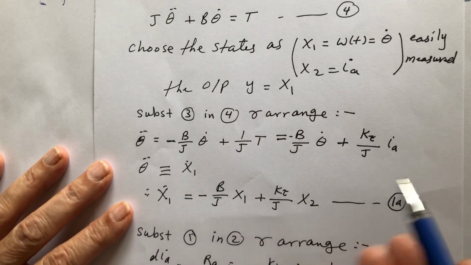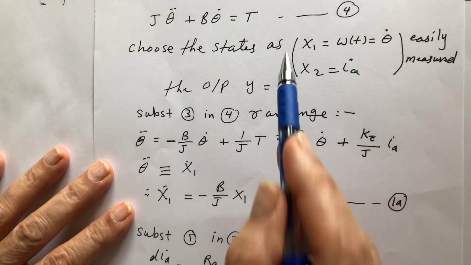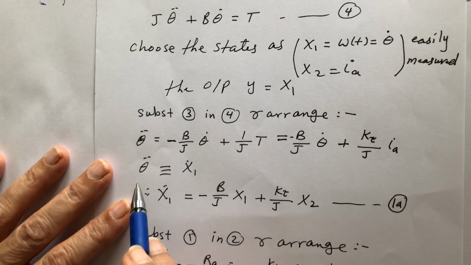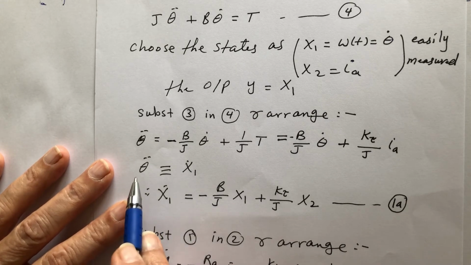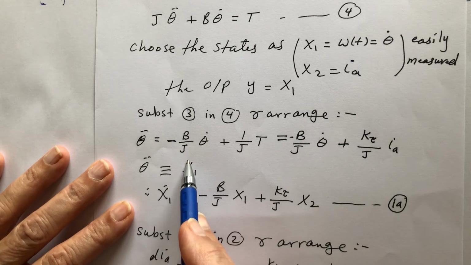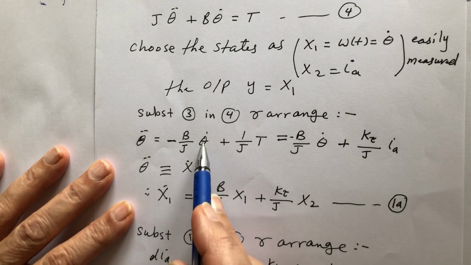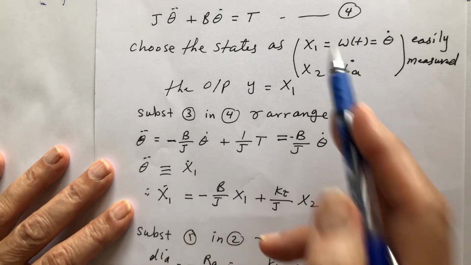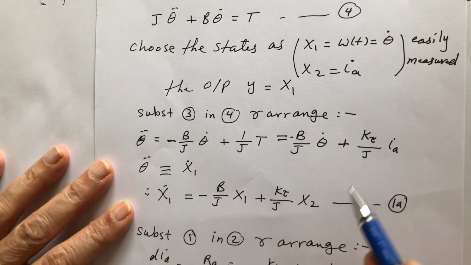Okay. Now substitute whatever relevant states. These are the states x1 and x2. So theta double dot equals x1 dot. x1 dot equals the equation: minus B over J theta dot, which is x1, plus K tau over J IA, which is x2.